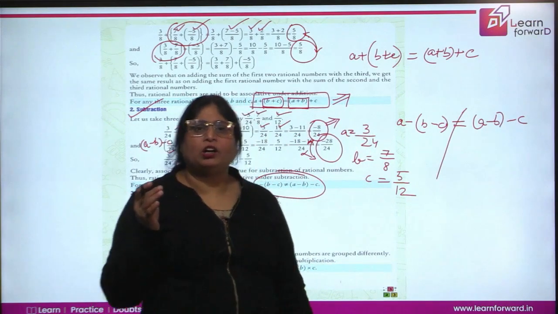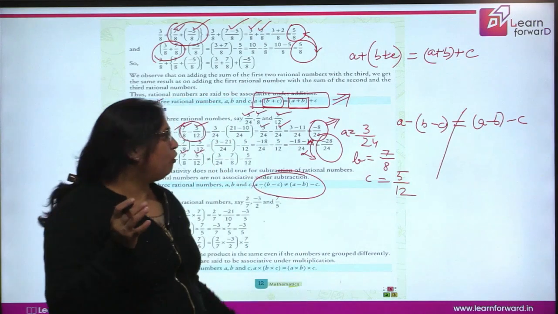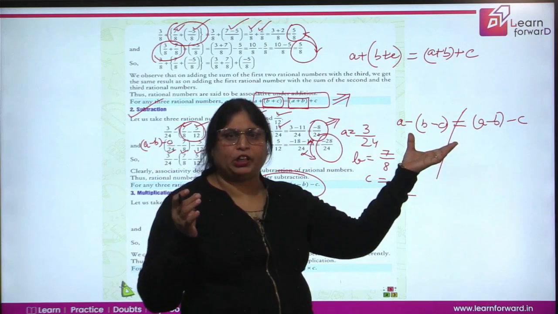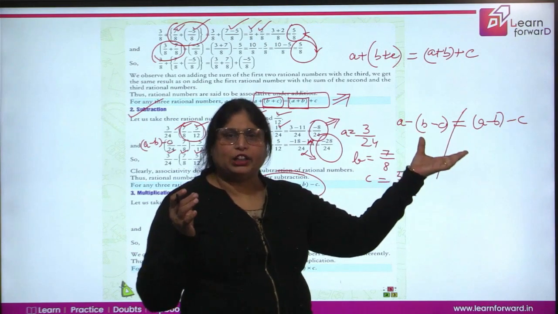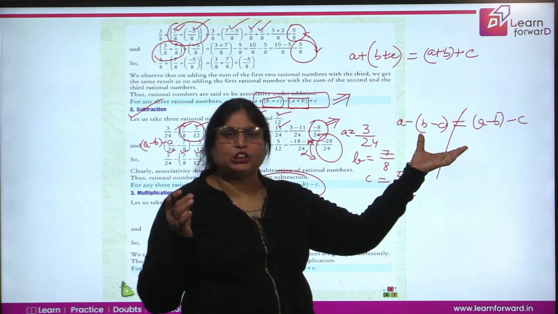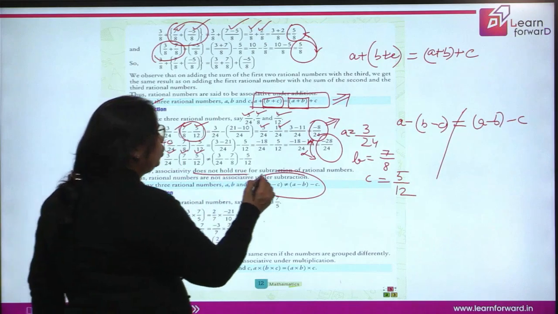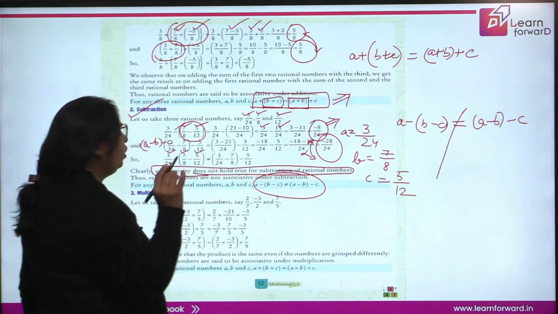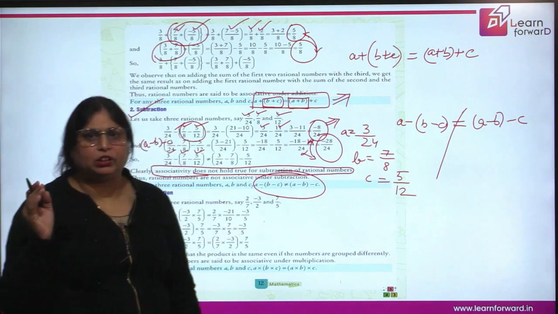That means you are clear about the concepts. Now, here it is not holding true for associative property. Associative property is not holding true for subtraction of rational numbers. Associativity does not hold true for subtraction of rational numbers.